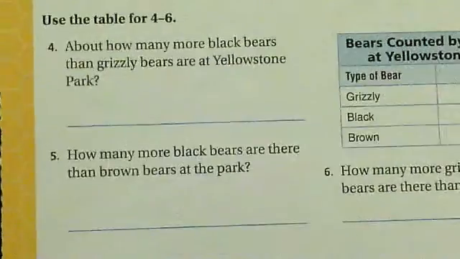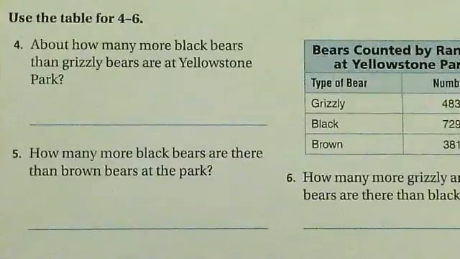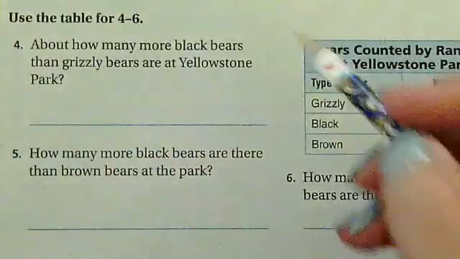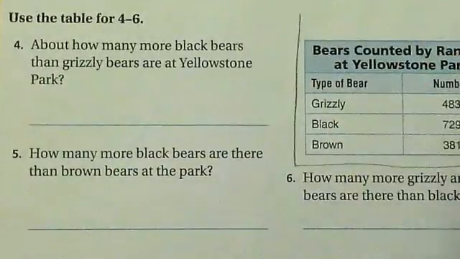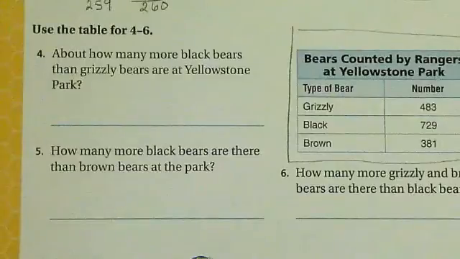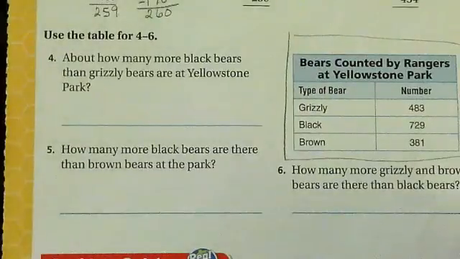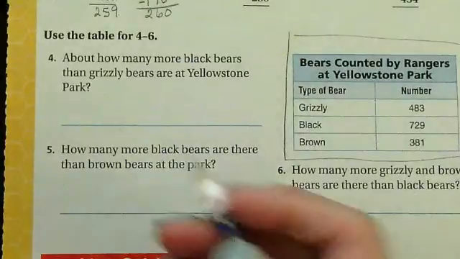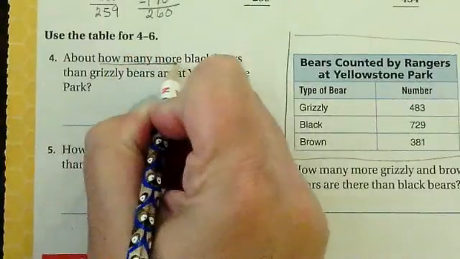For numbers 4, 5, and 6, you are going to be using this chart. Okay, let me scroll out a little so we can see the whole thing. It is subtraction. You have your clue words for subtraction.